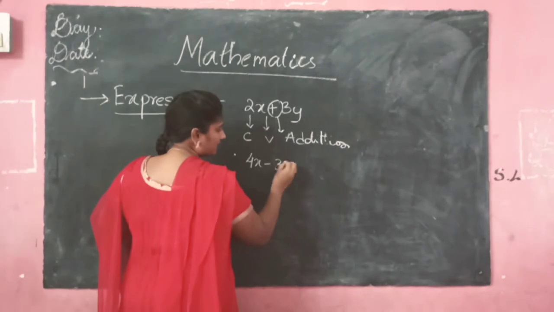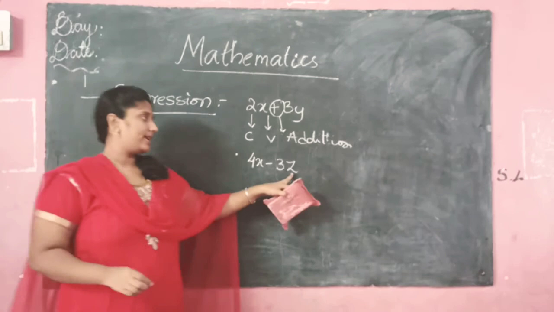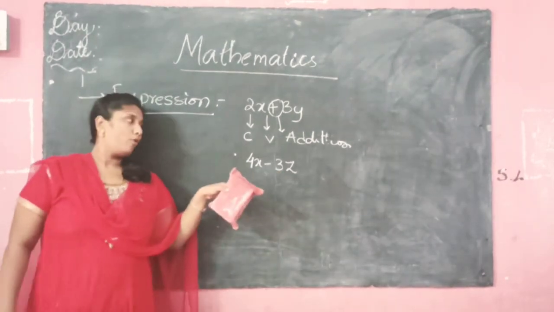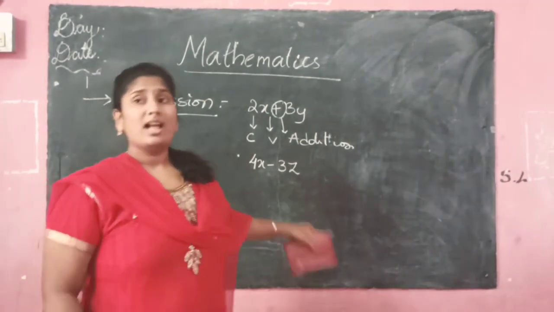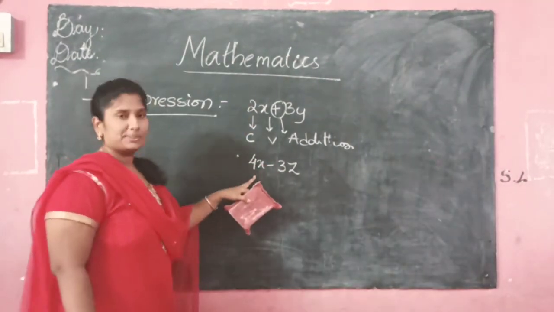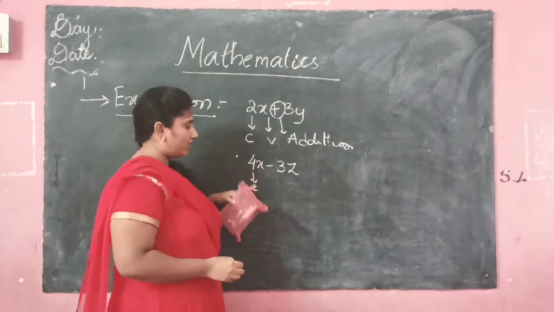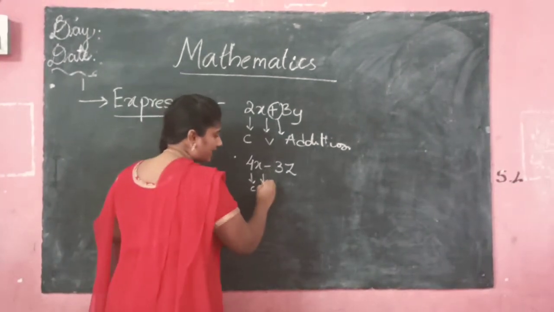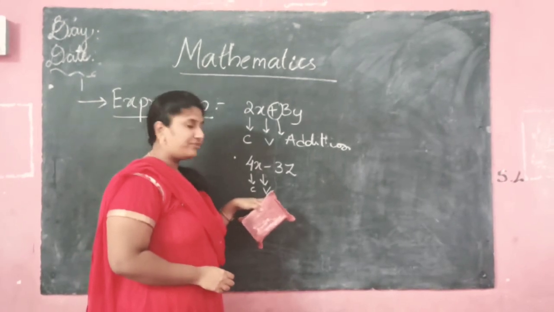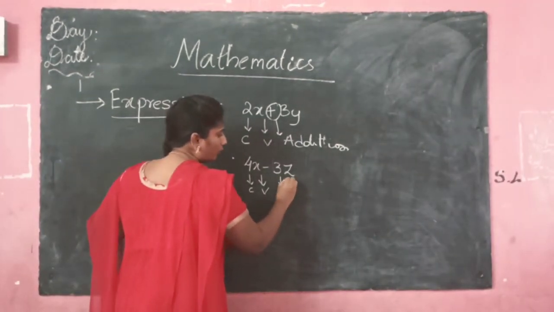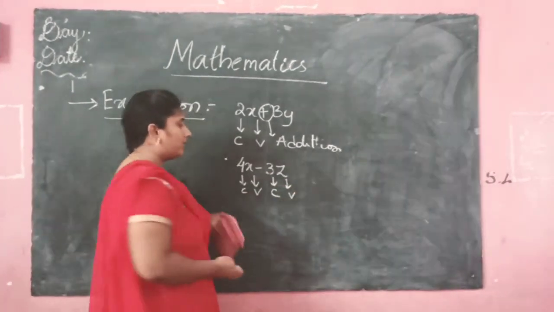See, 4x minus 3z. What is this? This is an expression. How can we tell this is an expression? Because 4 is a constant and x is a variable. Here 3 is a constant and z is a variable.